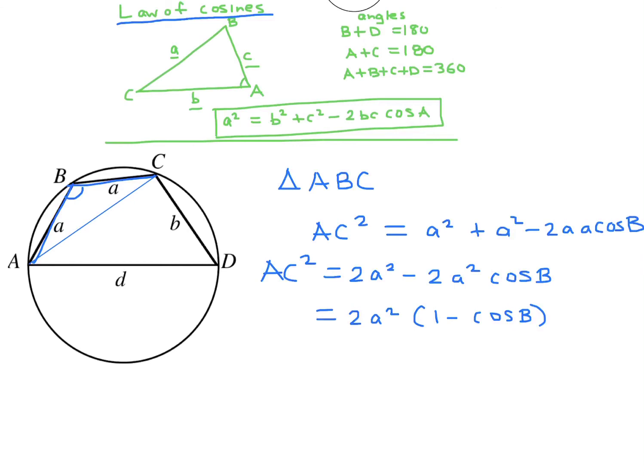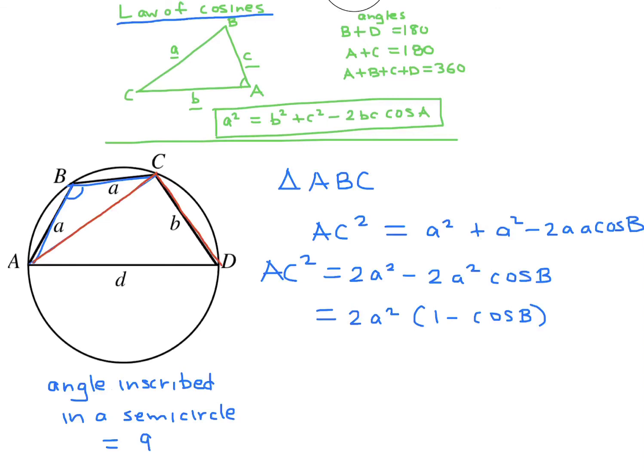Now, at this point, I want you to remember something, that if you have an angle inscribed in a semicircle, it will be 90 degrees. So do we have an angle inscribed in this semicircle right here? Yes, we do. It's this one right here. A to C to D. That angle is inscribed inside a semicircle. And do you remember what that angle will equal?